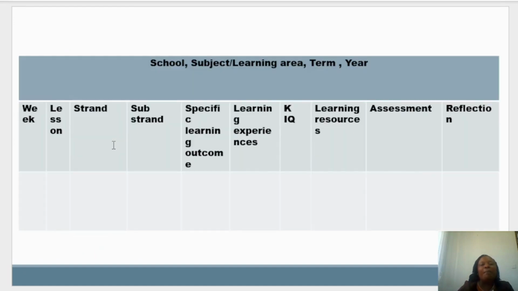So here is a sample of a schemes of work that has been derived or broken down from the curriculum design. So here are the columns. We have got the week, lesson, strand, substrand, specific learning outcome, learning experiences, key inquiry questions, learning resources, the assessment, and then finally the reflection.